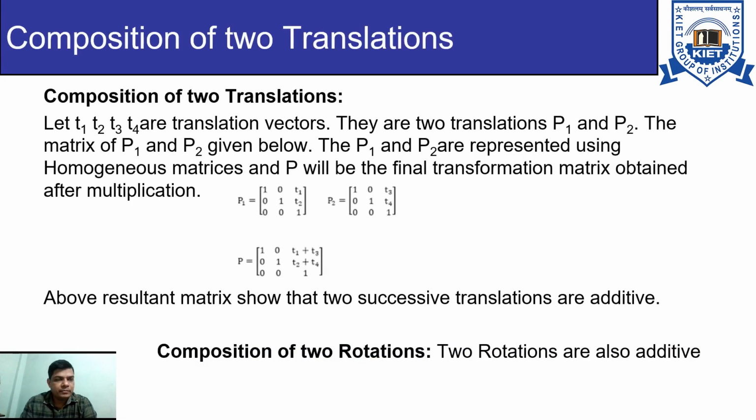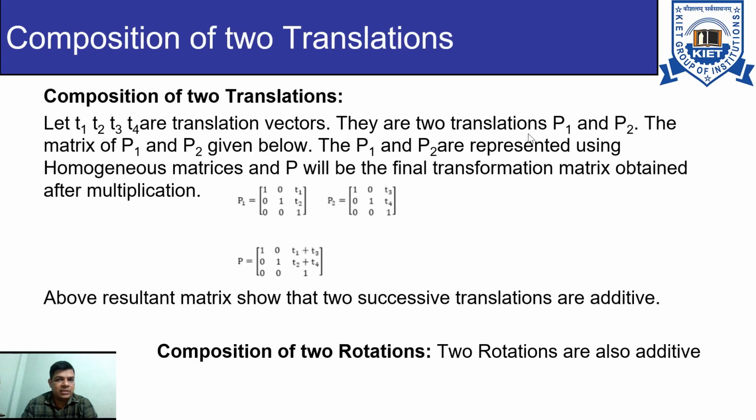Now, composition of two translations. In this we are performing two translations. For example, if I have a point, I am translating the point twice. Let T1, T2, T3 and T4 be translation vectors.